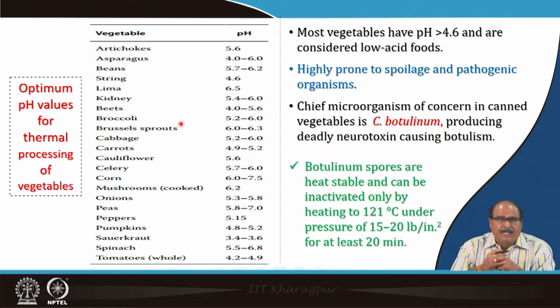So, in this slide I have given you the optimum pH values for the thermal processing of vegetables, and accordingly one can find out whether it is in the category.